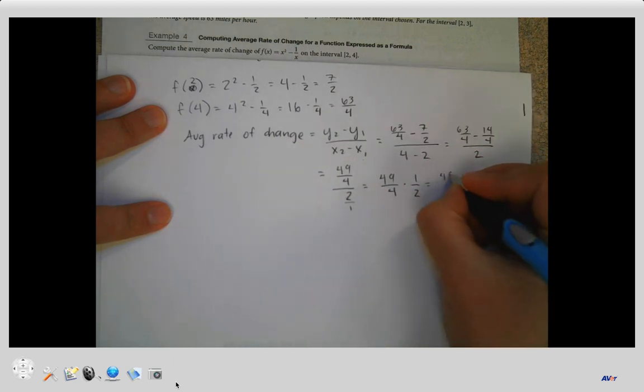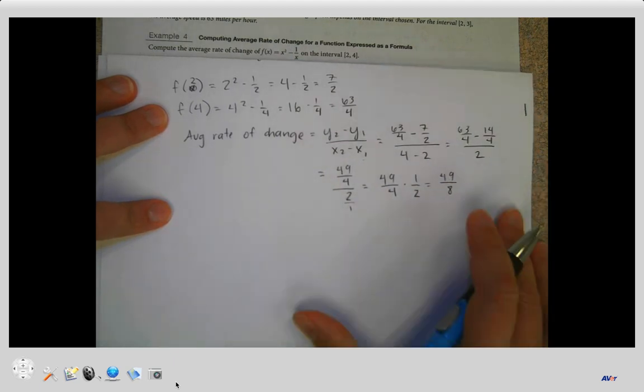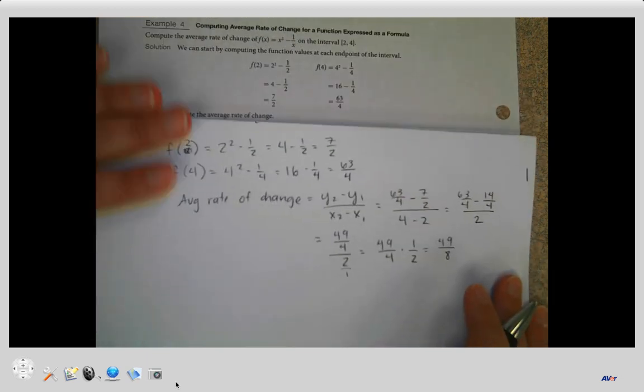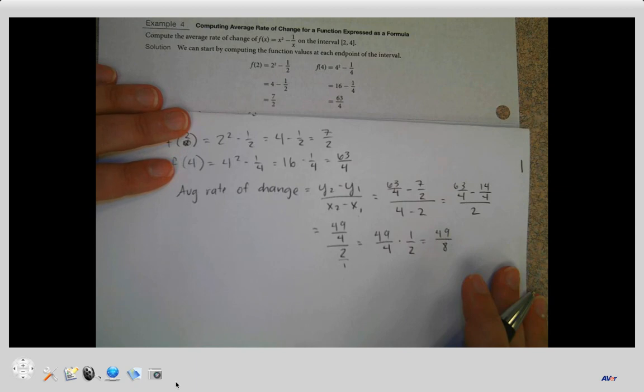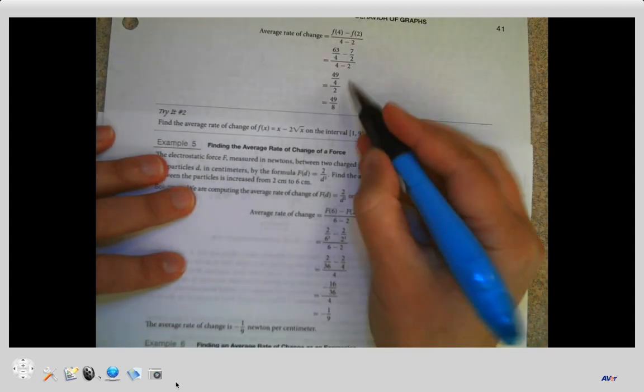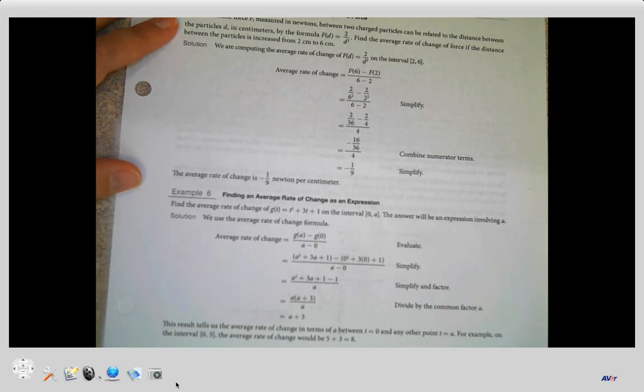So that's going to give me 49/8. All right, there's a lot of fractions and a lot of numbers. Let's see if we got the right answer. Next page. Yes, 49/8. They worked it out. We are good. Congratulations.